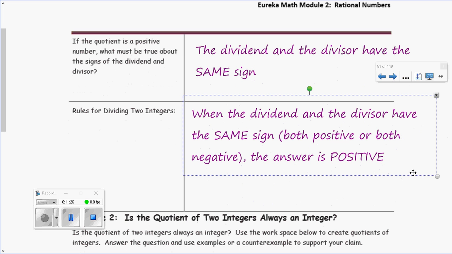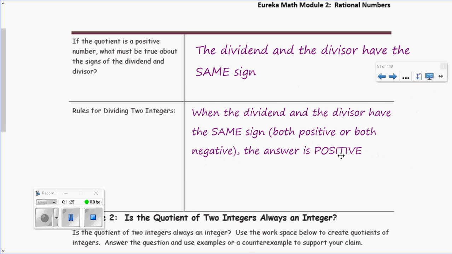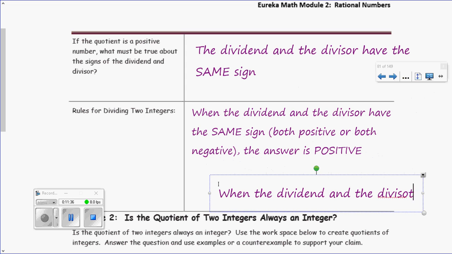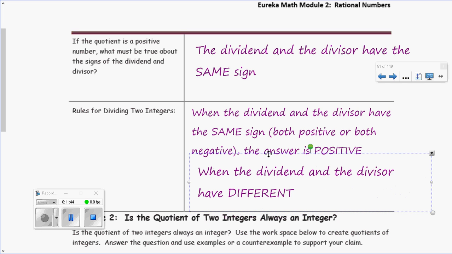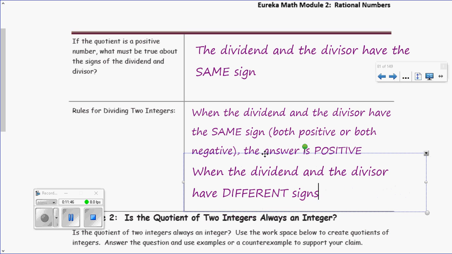Very similarly, we're going to write a sentence about what happens when they have different signs. So when the dividend and the divisor have different signs, one is negative, one is positive, the answer is negative.